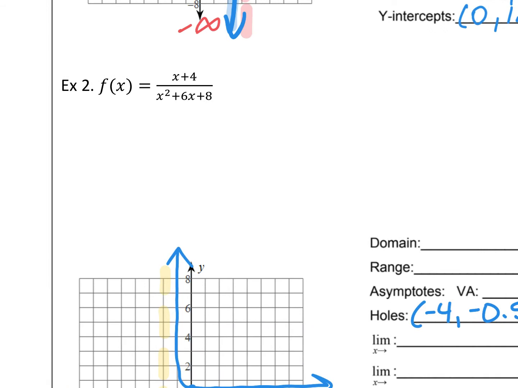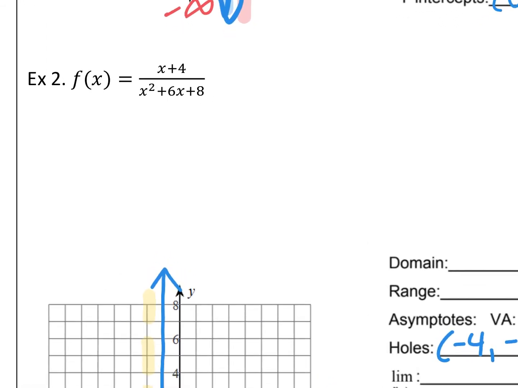How could we find a common factor just from the equation? How did we do that before? Do the math, right? Factor it. So x plus 4, and on the bottom we just do x method, and it would end up getting x plus 4, x plus 2. Whoa, what's the common factor going to be?